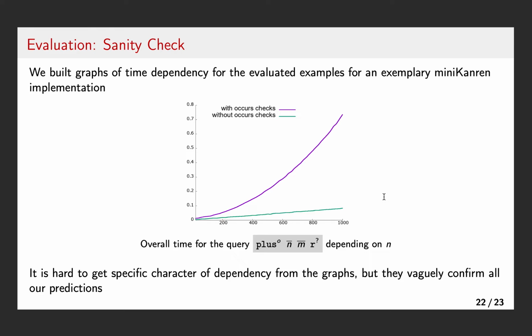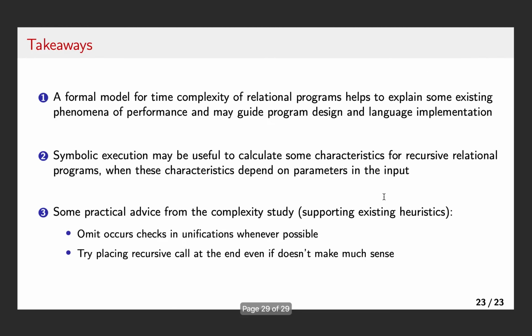It's hard to get a specific character of dependency from these graphs, especially because the precision we are able to achieve is rather limited. But after studying them in detail, we haven't found any example that violates our predictions.